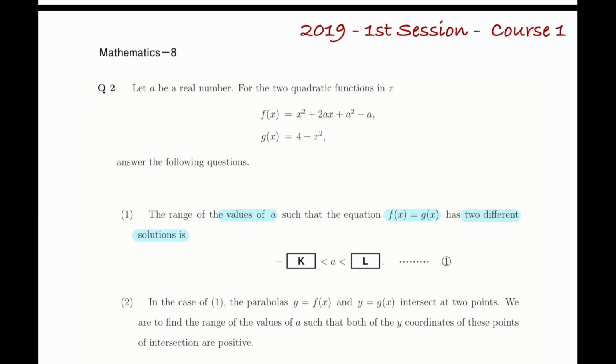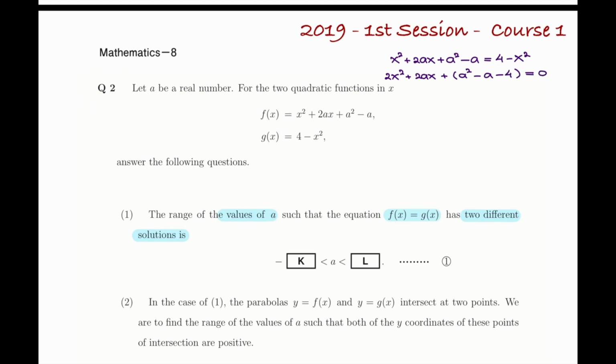Then I will get x squared plus 2ax plus a squared minus a equals 4 minus x squared. And then if you move 4 minus x squared to the left hand side, you will obtain 2x squared plus 2ax plus a squared minus a minus 4 equals 0.